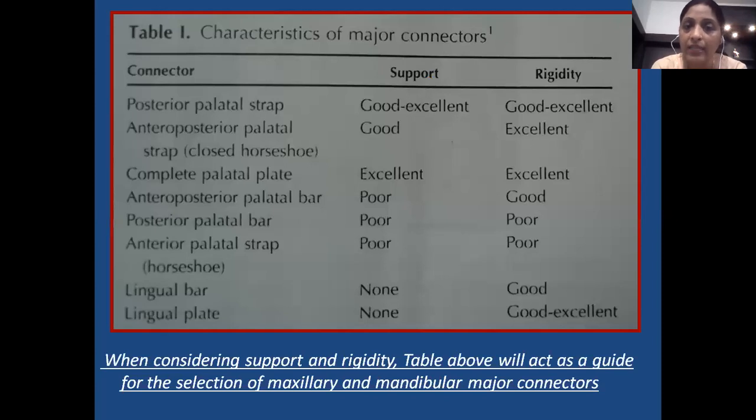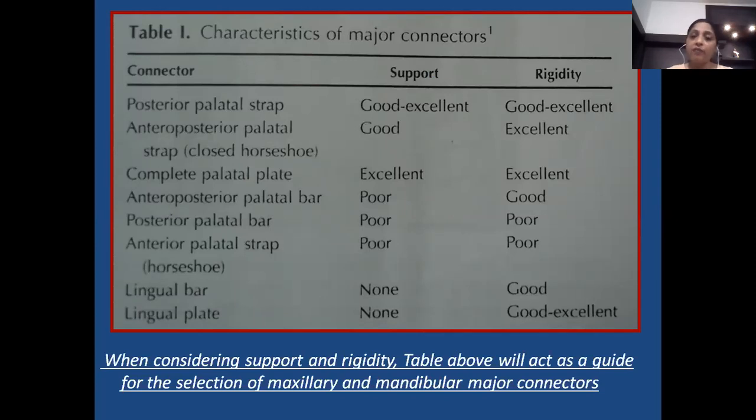Now, here is a small chart which gives a summary of which major connector provides more support and more rigidity, and which major connector does not provide much rigidity and support. For example, posterior palatal strap and complete palatal plate will provide excellent support and excellent rigidity. The reason is that both of these major connectors cover most of the hard palate through their design.